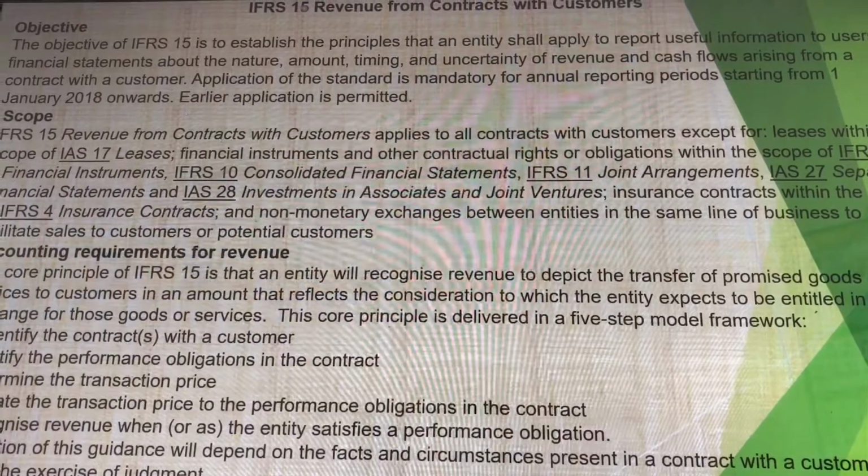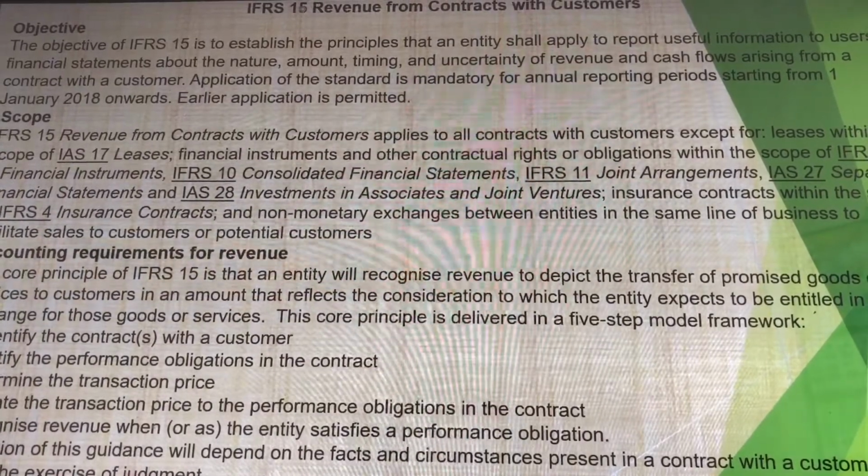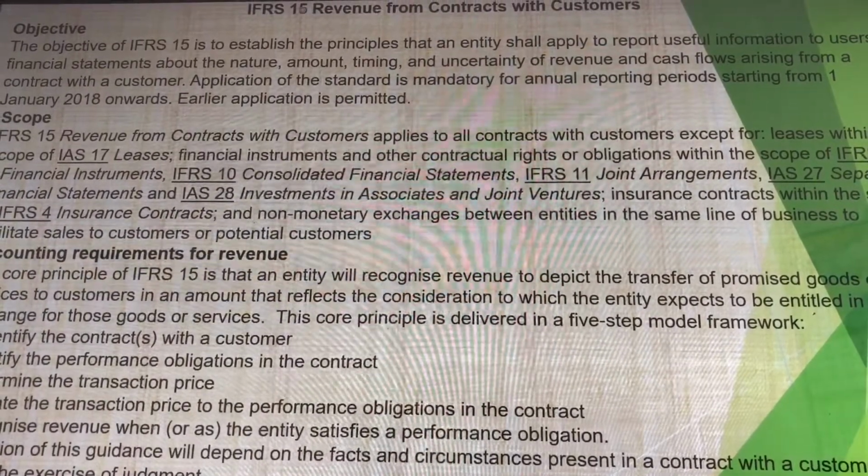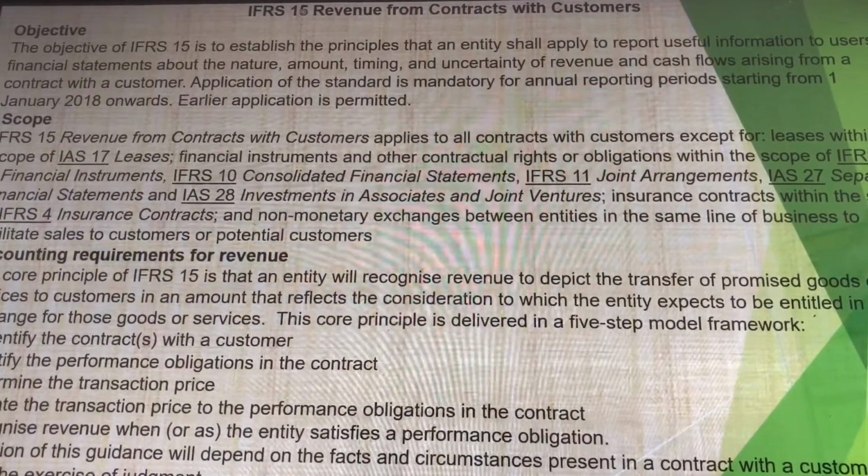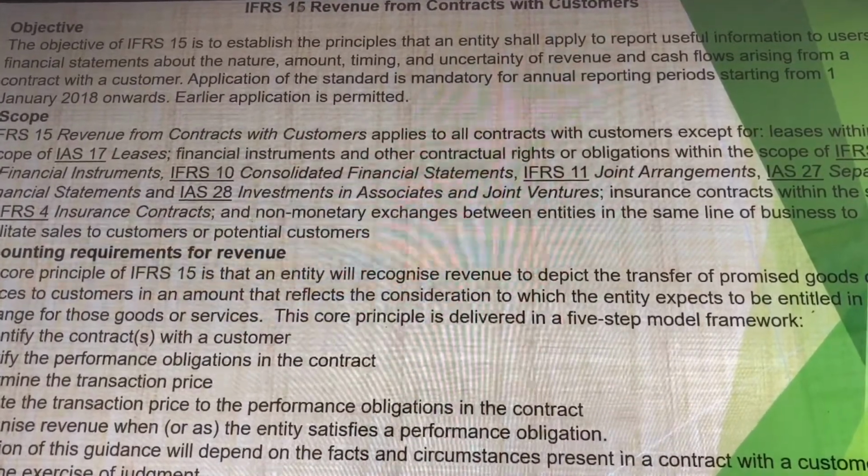Earlier application is permitted, however, mandatory annual reporting starting from January 1st, 2018 is accepted.